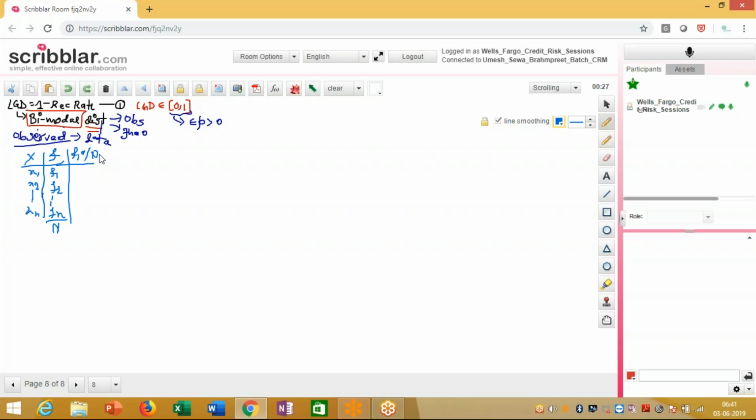So x1 has a relative frequency of f1 by N, x2 has a relative frequency of f2 by N. It shows how likely x1 is to occur relative to the total number of occurrences.